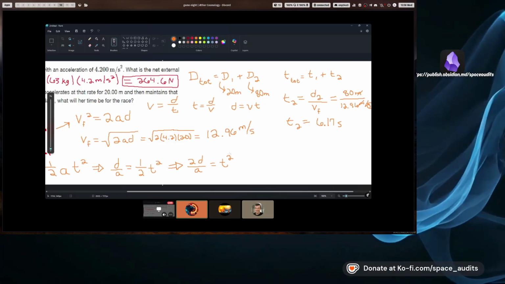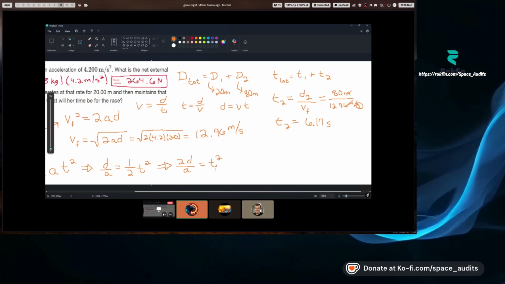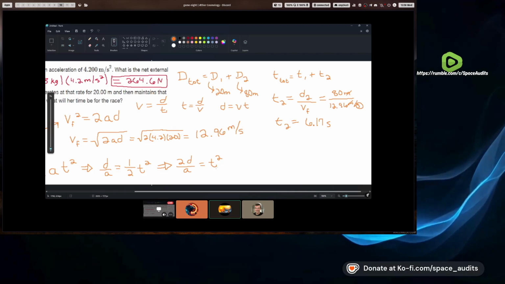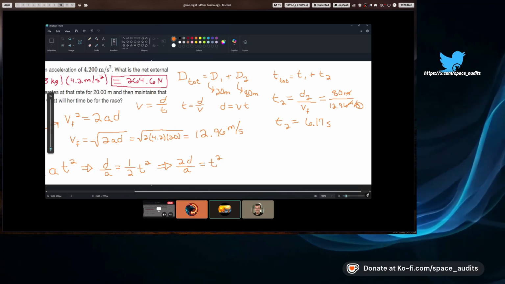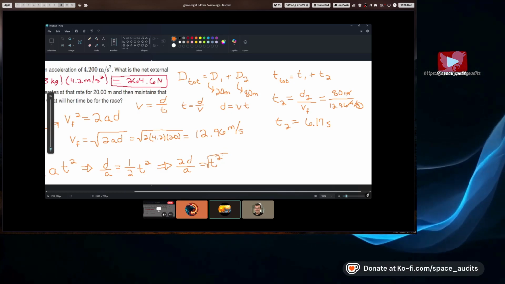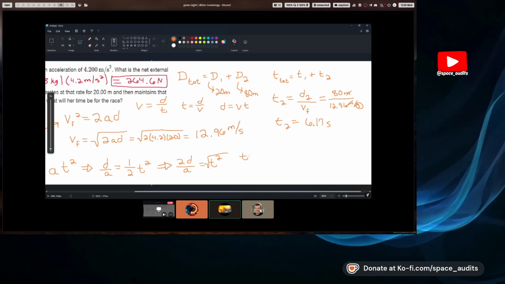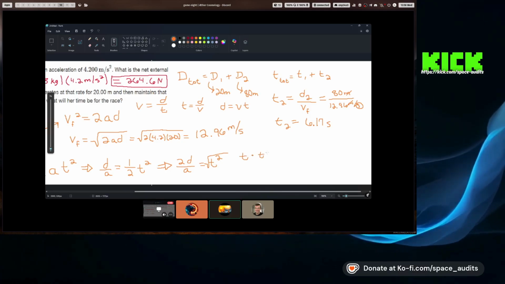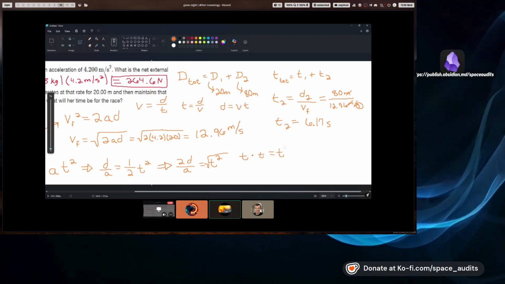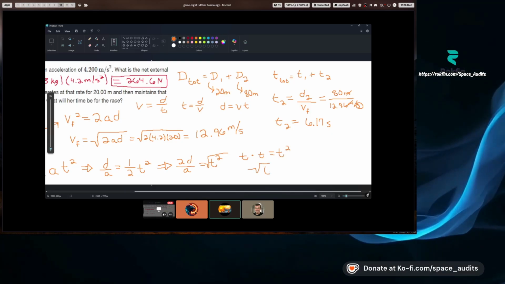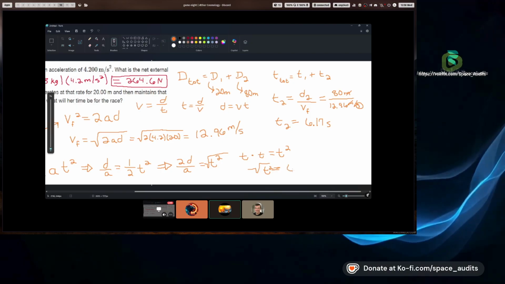Oh yeah, we have to square root it. We have to square root t squared, because the square root of a number squared, t times t equals t squared. So the square root of t squared equals t.